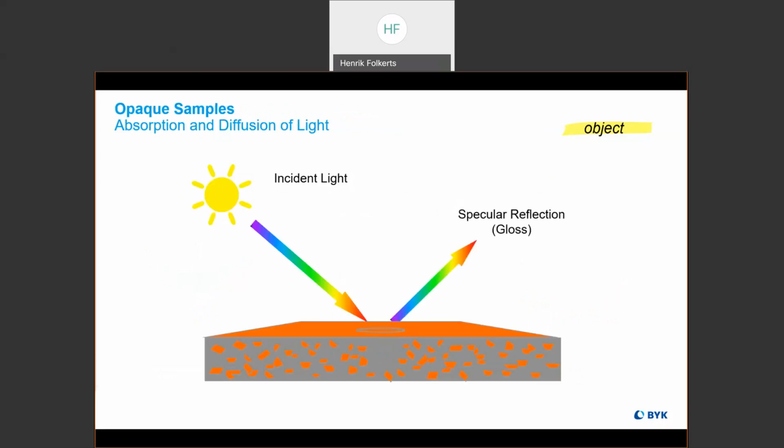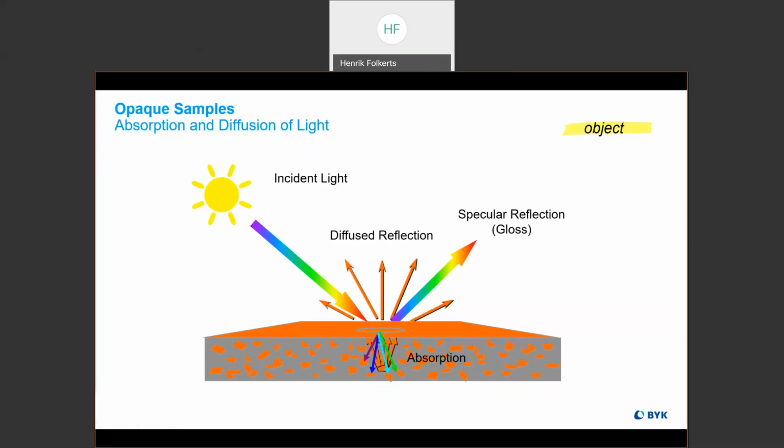When light strikes an opaque sample, there are two types of reflectance on the surface. On the one hand, the specular reflectance or gloss, and the color of this light is white. And on the other hand, the diffuse reflectance, the color itself. Pigments and dyes selectively absorb some wavelengths of light while scattering other wavelengths.